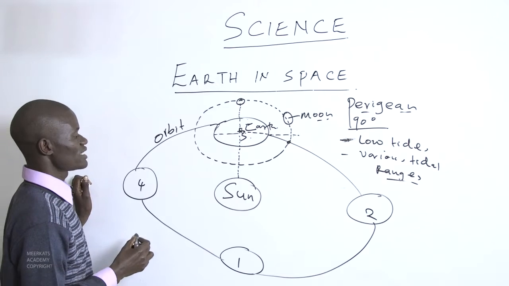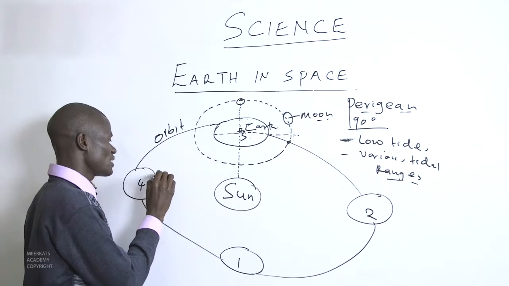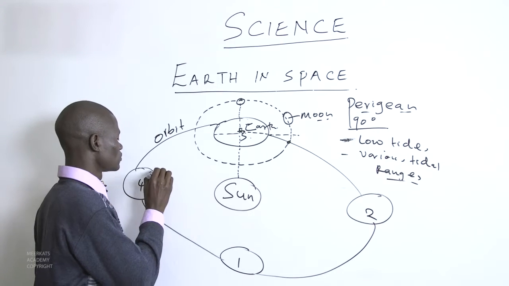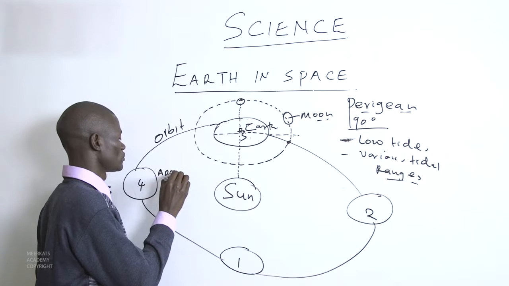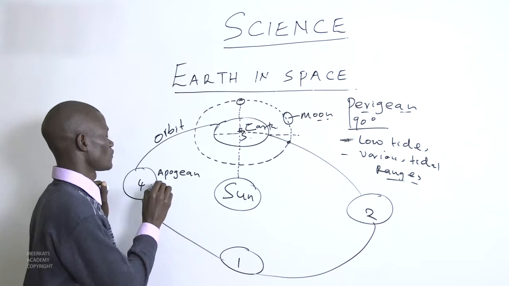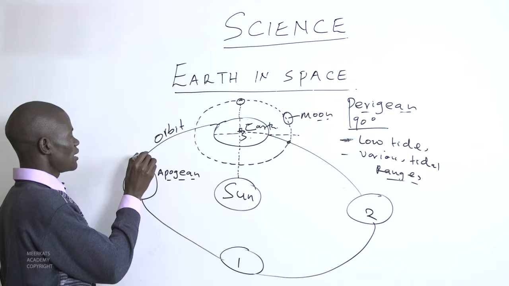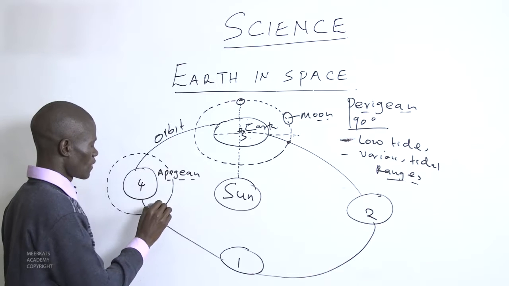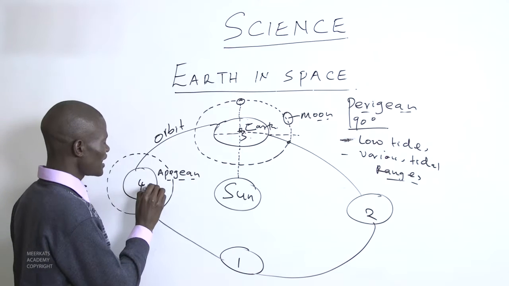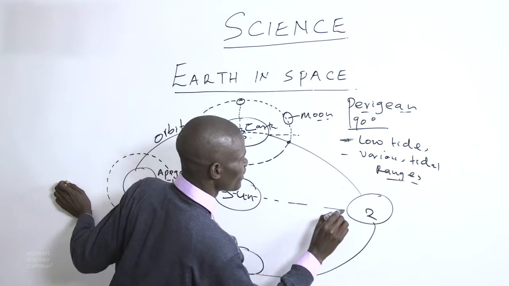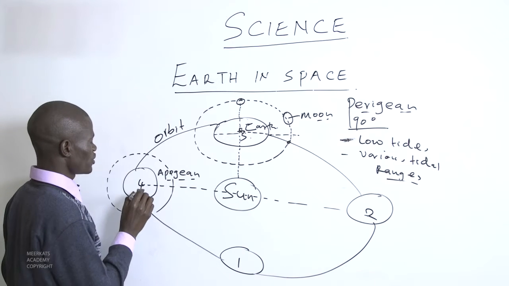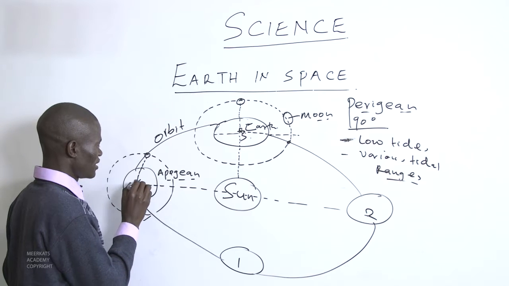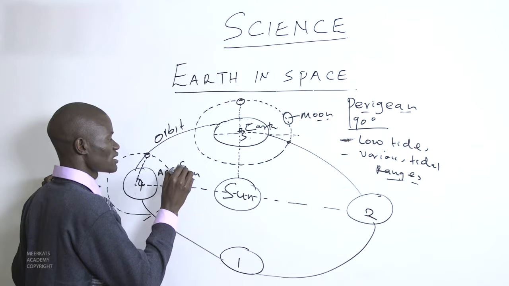Sometimes Perigean Tide occurs around this area. When you take the angular direction, it occurs in the angular direction of 60 degrees.